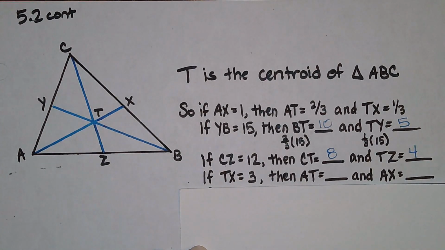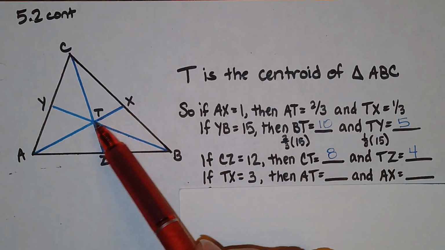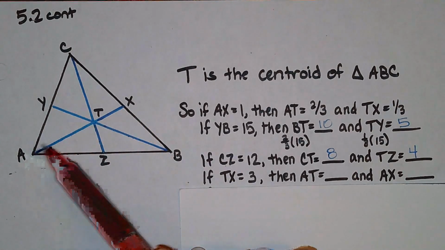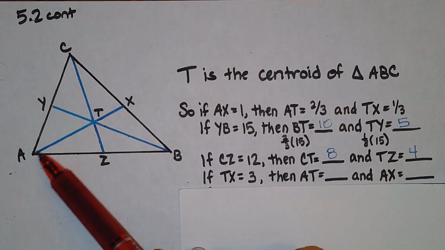Try this one. This one's a little bit different. Instead of giving you the whole segment, they might just give you part of the segment, and then you have to figure out the rest. So TX is 3, and they want to know how long is AT and how long is the whole segment AX.